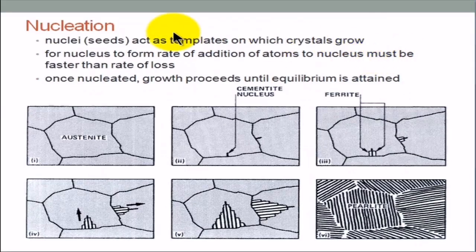Our next slide is nucleation. Maybe you know about nucleation from chemistry or physics or even from material science, but nucleation is also related to our subject. So let's talk about nucleation. In the picture you can see austenite, and as a seed, cementite becomes more structured, and we get pearlite.